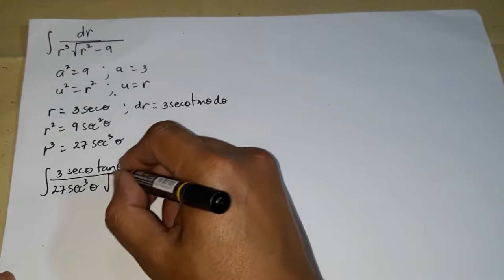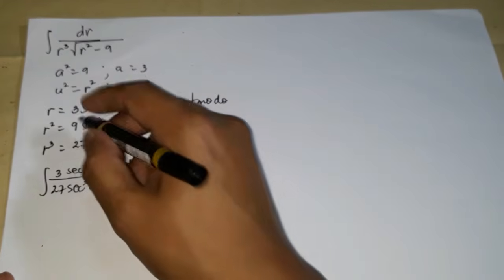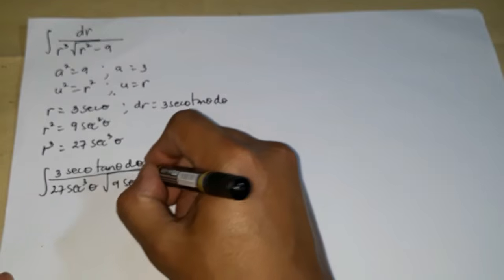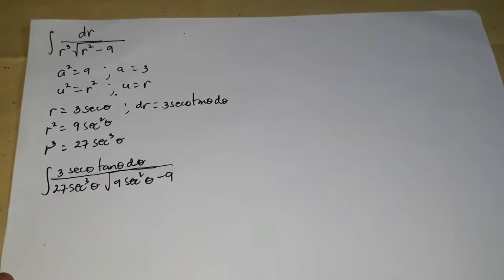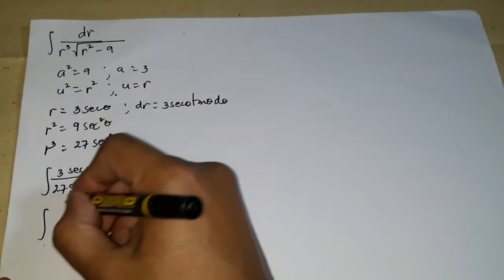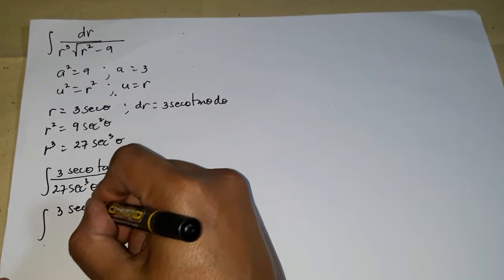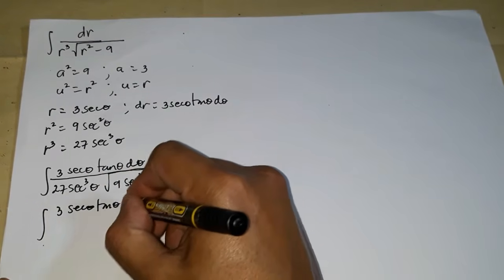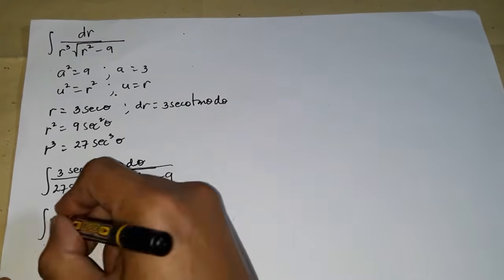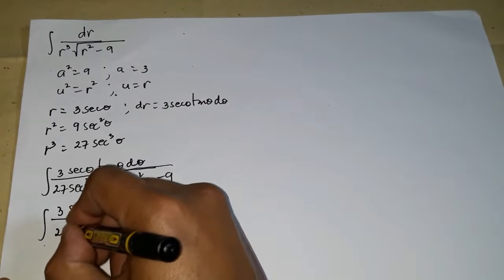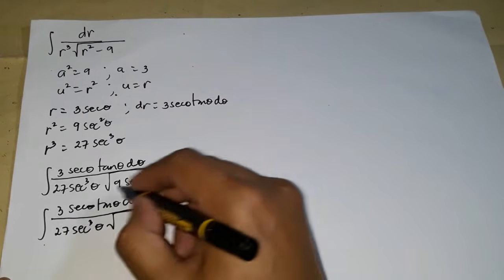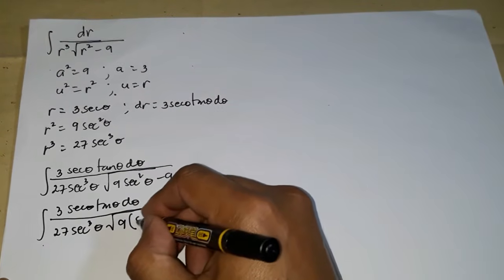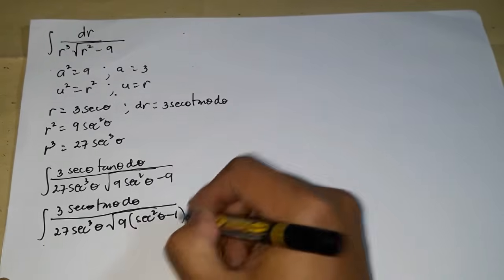And then the square root of r squared is represented by 9 secant squared theta minus 9. Okay, simplifying this, we have the integral of 3 times secant theta tangent theta d theta all over 27 secant cubed theta times the square root of, you factor out 9 here, 9 times secant squared theta minus 1.